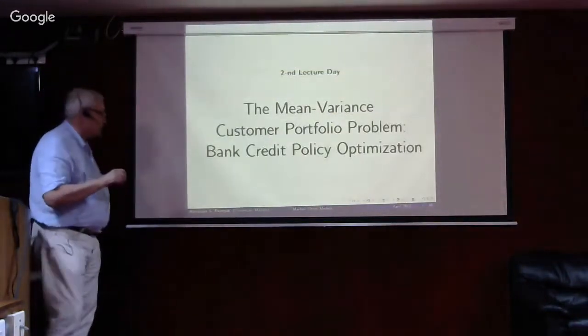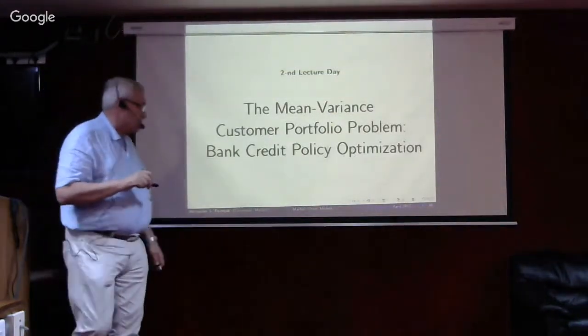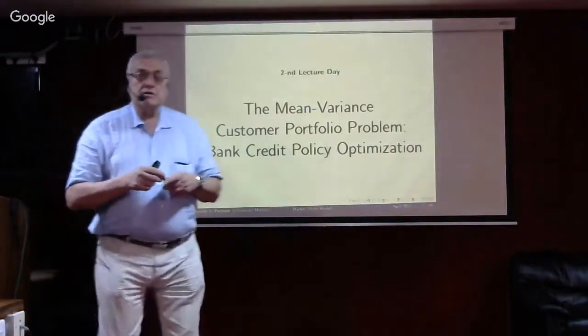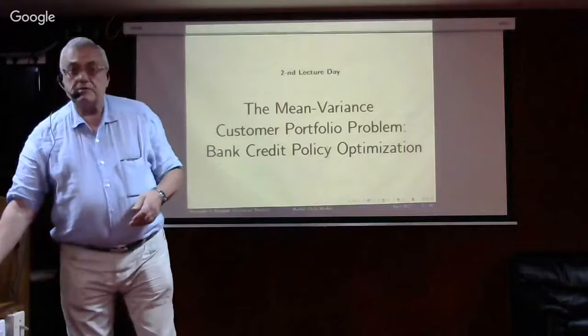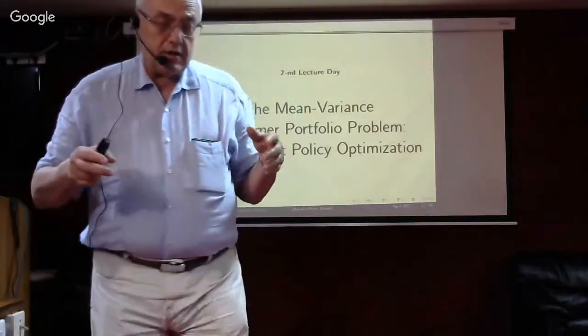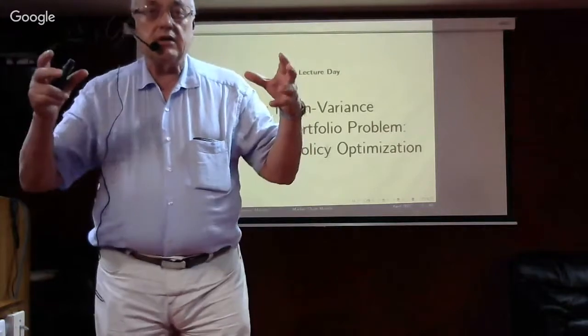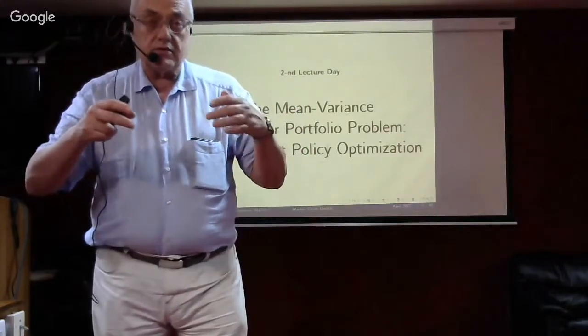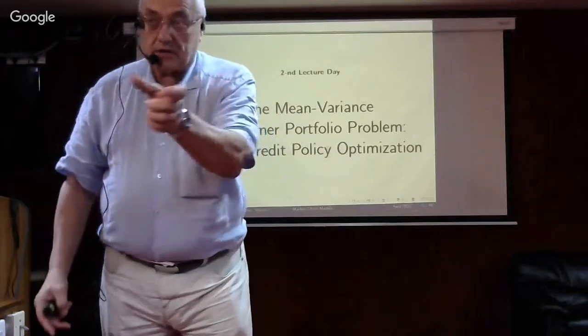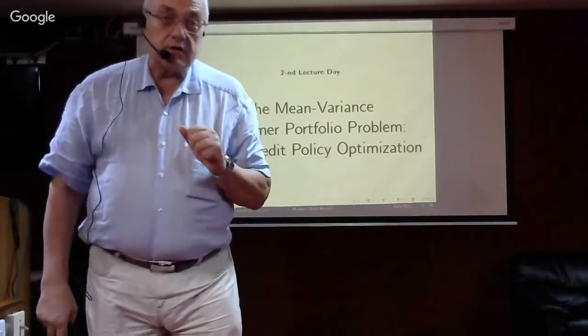Now, briefly, the mean variance customer portfolio problem. What does it mean? Bank credit policy. Here we deal with the following problem. One bank obtains money to use this money to give a person a credit card. But there exist different credit cards.